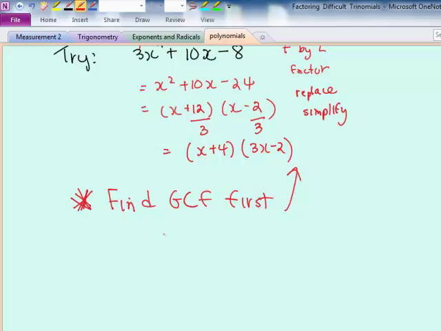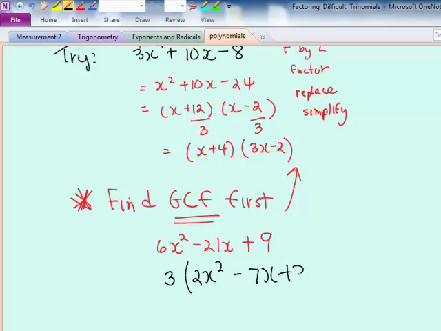So if you're given an example, if there's a GCF like this, 6x squared minus 21x plus 9, and I say to factor that, well, if you start multiplying 6 by 9, this method does not work if you do it that way. You have to find the GCF first. So in other words, you'd have to factor out 3, leaving 2x squared minus 7x plus 3. Then you would do your difficult trinomial. So just a word of advice when you use the bottoms up method.